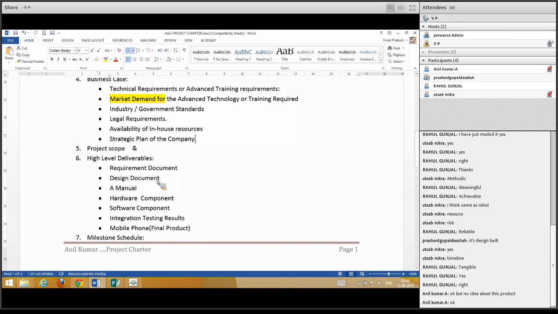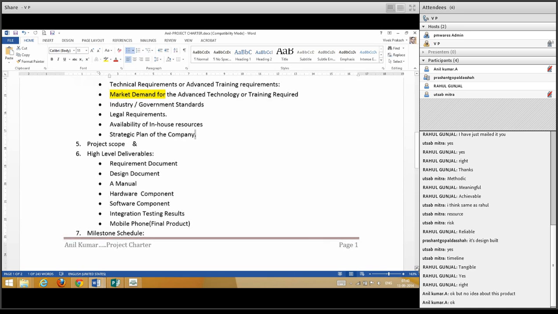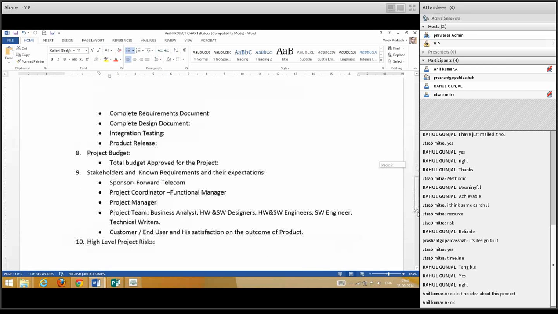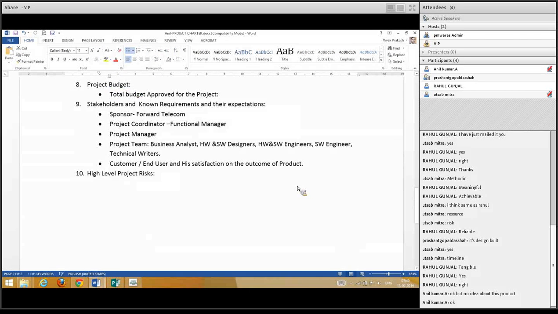In the high level deliverables, the scope is fine, but we have not defined the product scope, what the product should have. So this was a matter of our own understanding of how much we want to set for such a mobile.